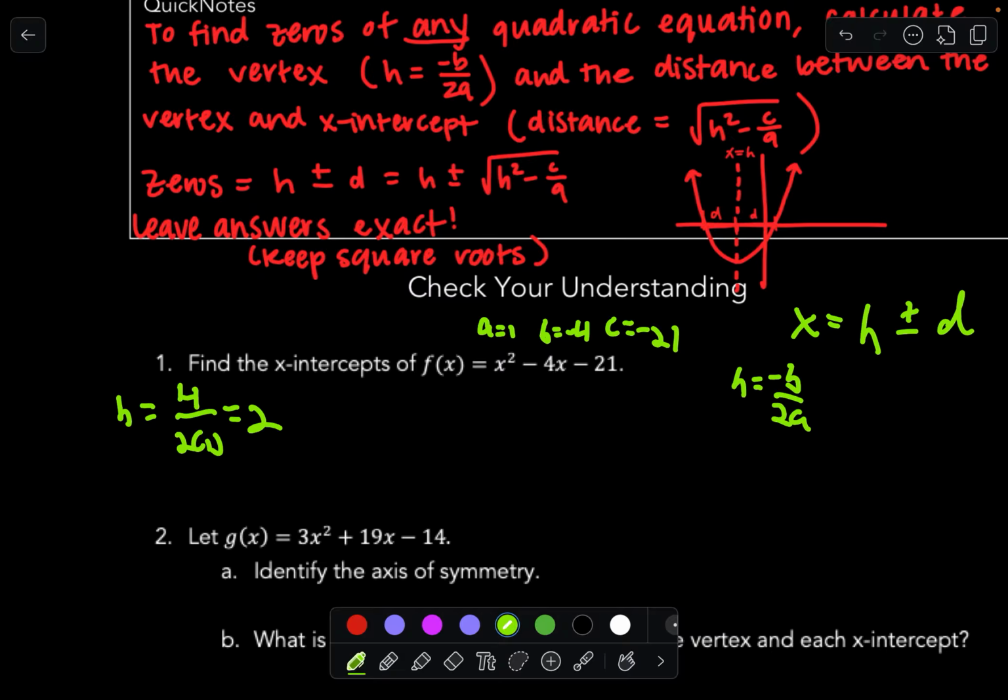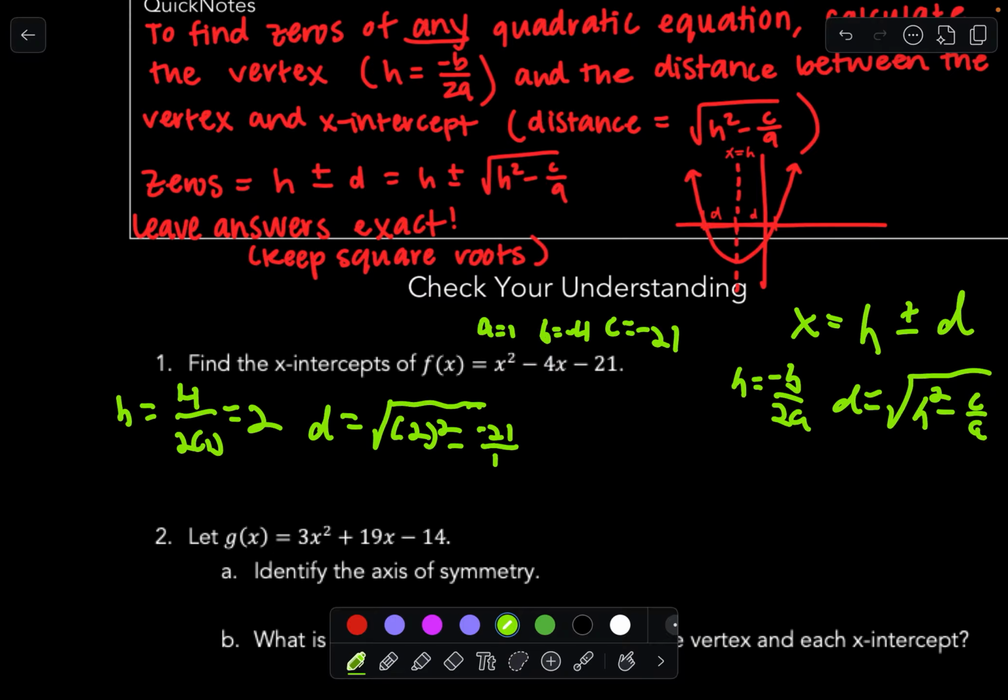All right, and then the distance d is equal to, and I should write this here, d equals the square root of h squared minus c over a. So it's going to be the square root of 2 squared, minus c, which was -21, over a, which is 1.